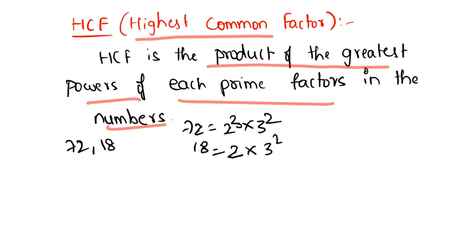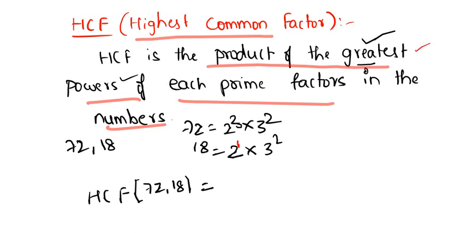Here the HCF of 72 and 18 is the product of the greatest powers of each prime factor. The same prime factors are used as in the LCM, but we select the highest power.